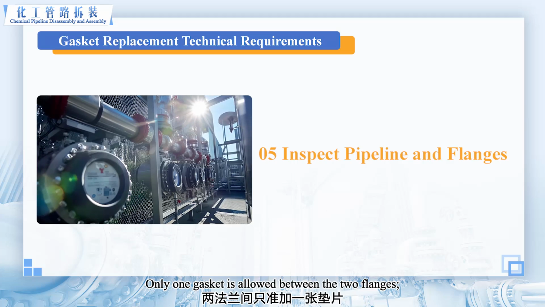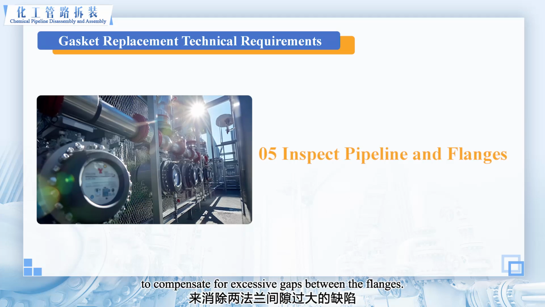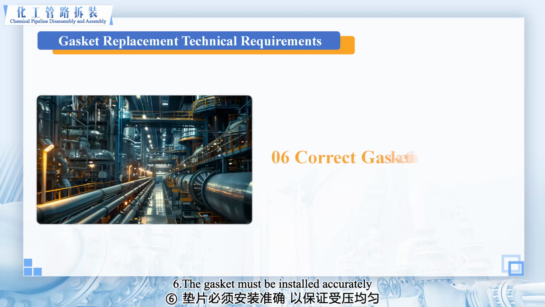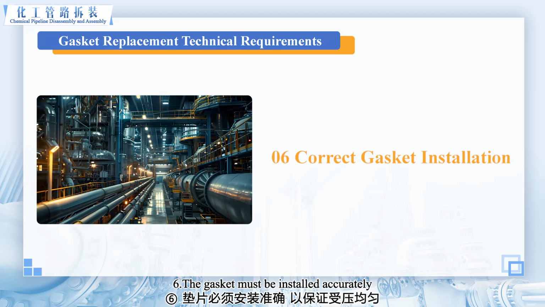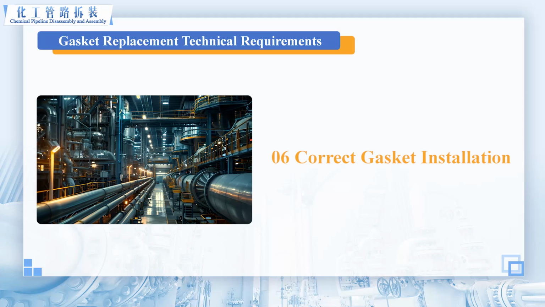Only one gasket is allowed between the two flanges. Do not use additional gaskets to compensate for excessive gaps between the flanges. Sixth, the gasket must be installed accurately to ensure even pressure distribution.